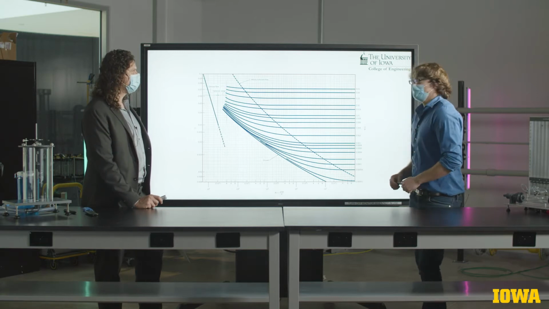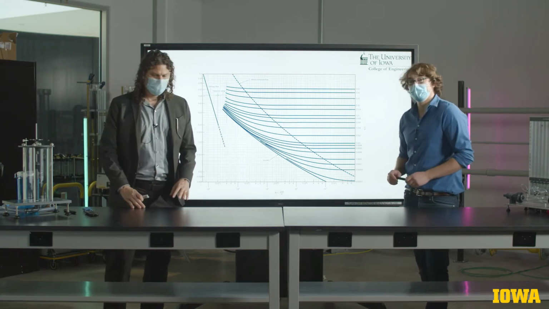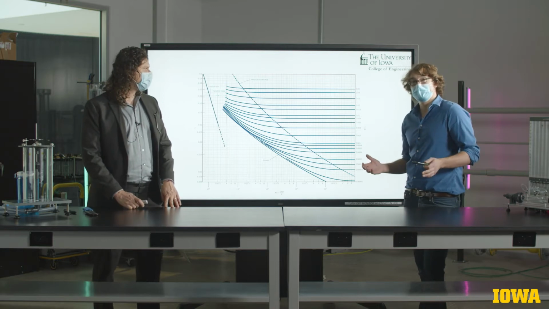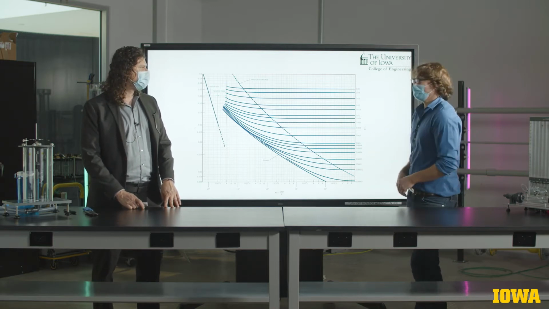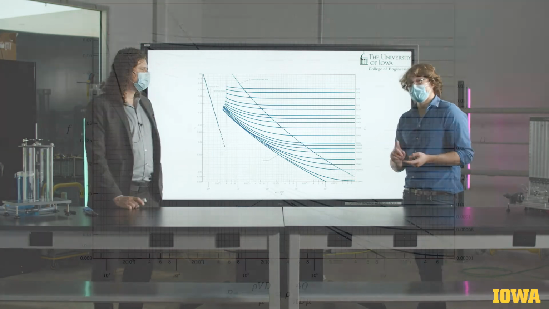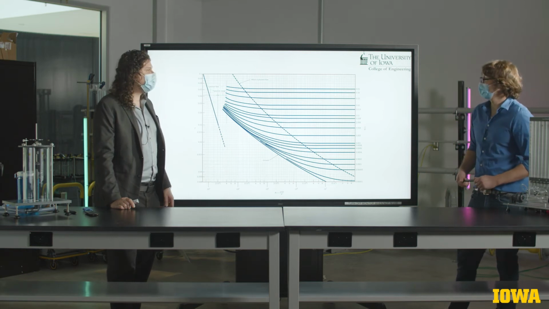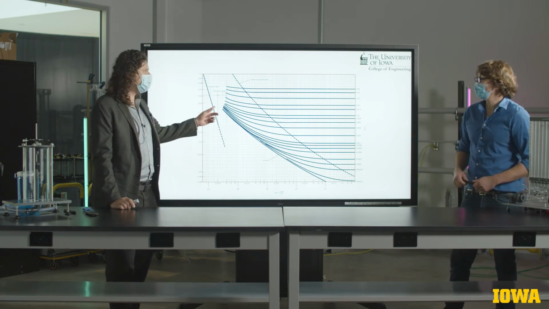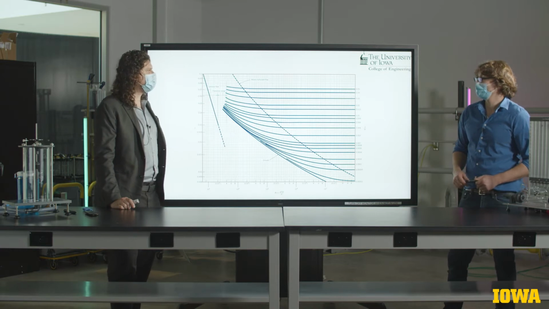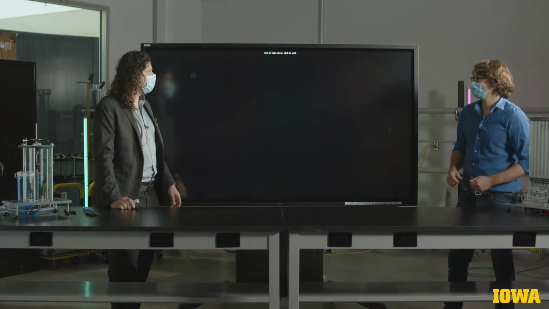The Moody diagram is one of the most important tools for anyone doing pipe design or water distribution planning, because by calculating the Reynolds number and knowing the roughness of the pipe, those two quantities alone let you find the friction factor, which can then be turned into the pressure drop per length of pipe. So let's perform an experiment, and see how well we can approximate these standard values on the Moody diagram.